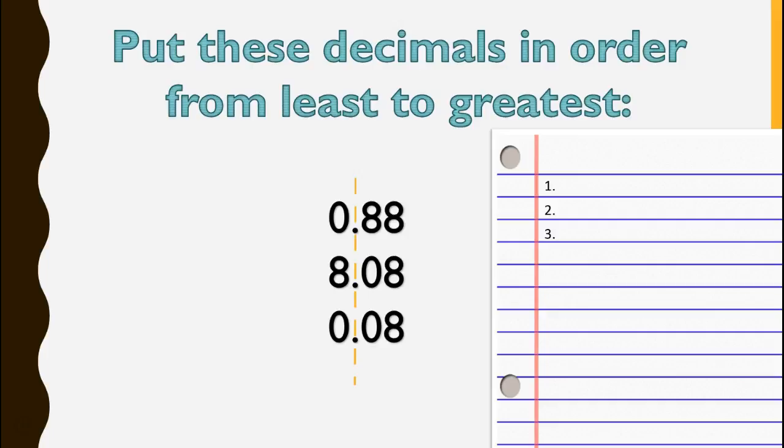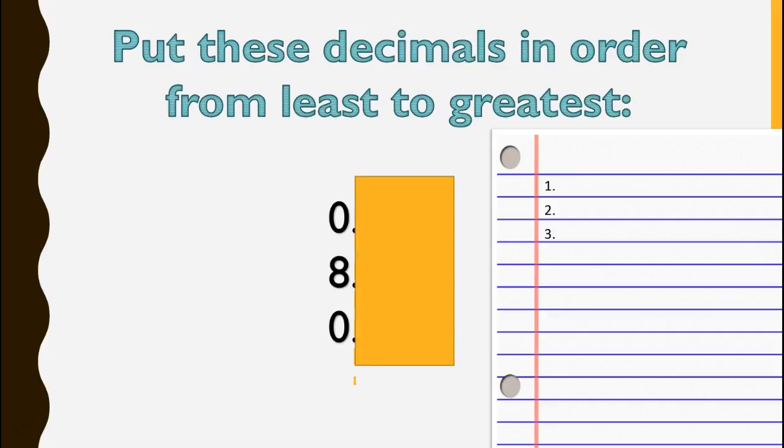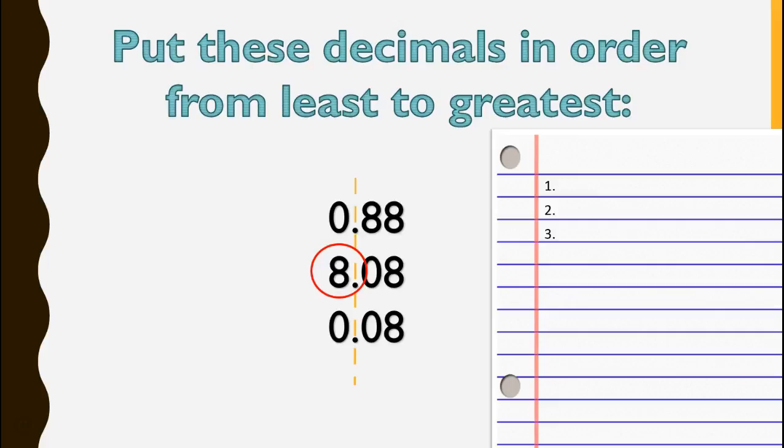Now I'm going to cover up all of this except the very largest place value. Okay? So I'm going to just look at that place value. Which digit is the largest in that place value? I think it's pretty clear. That's the 8, right? So that's going to be my biggest number. So I'm going to put that number by number 1 because it's the biggest.